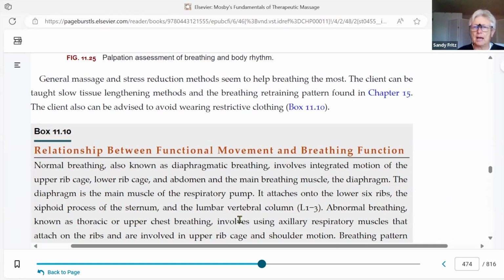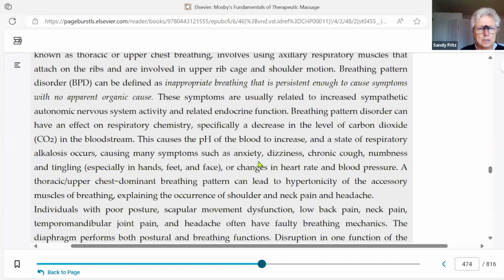And there's a lot of influence here on behavioral and perception of safety or danger.